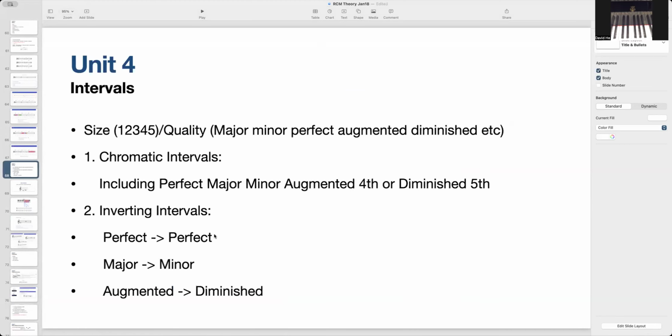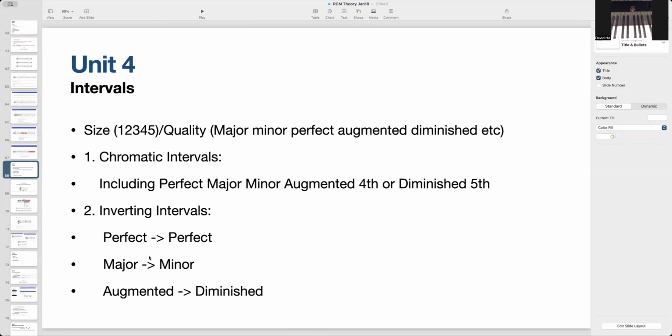There's a formula for inverting intervals. If the original one is perfect, then the inversion is perfect too. If the original is major, the inversion is minor, or minor becomes major.